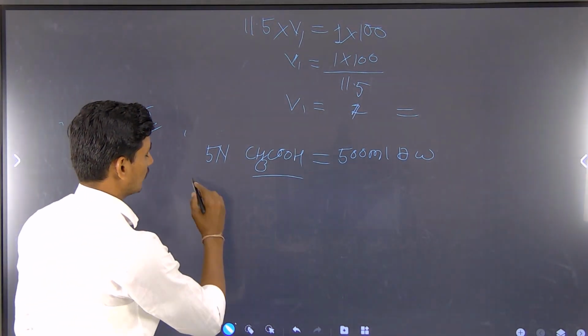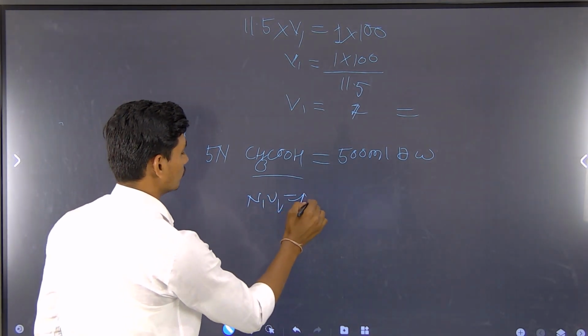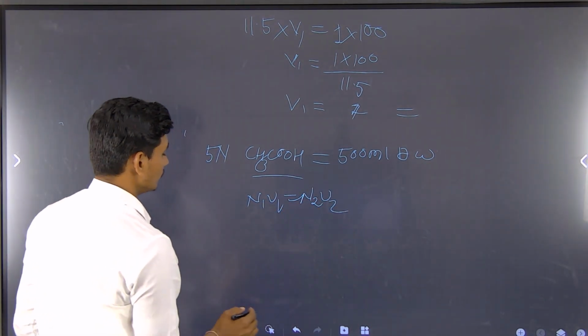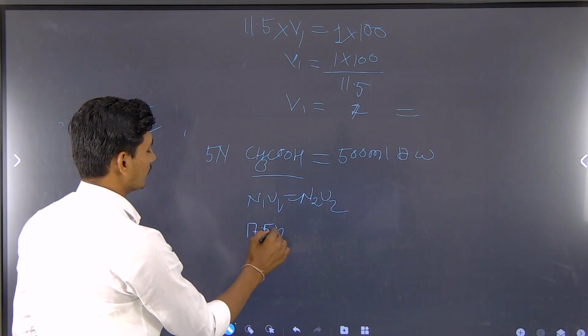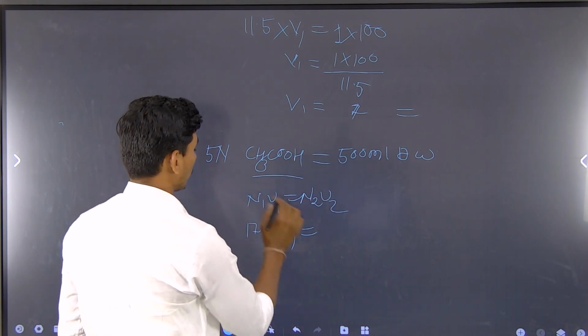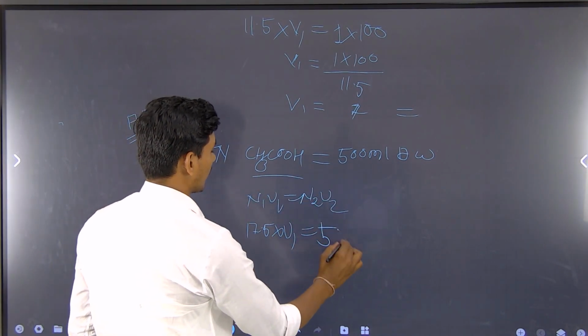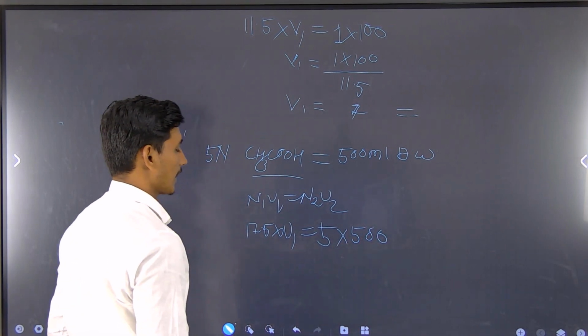We calculate using N1V1 = N2V2. Here the normality is 17.5, find V1, where N2 is the required normality and V2 is the volume required to prepare the acetic acid.